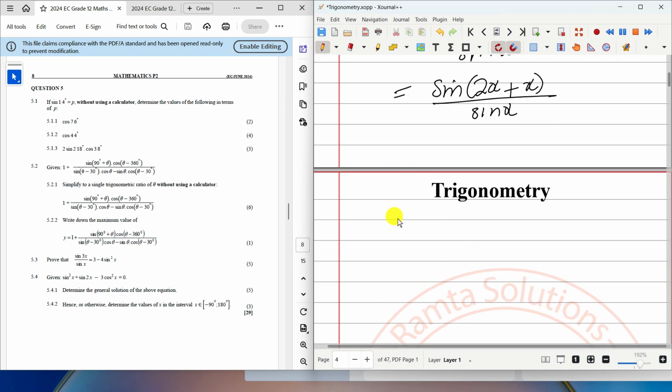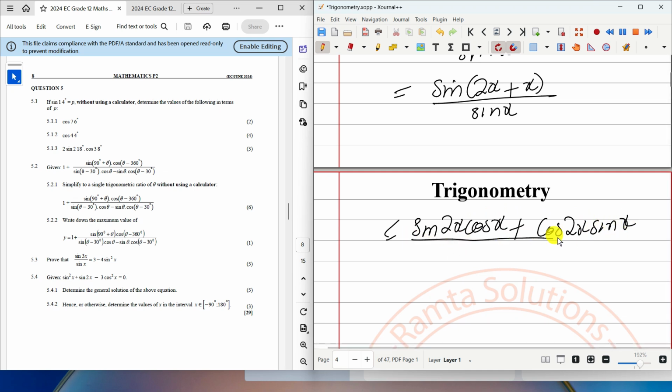This looks like a compound angle of sine. It will be sine cos plus sine cos. So it is sine 2x cos x plus cos 2x sine x, all over sine x, isn't it? Now, sine 2x, we can simplify it. We know it is a double angle, so this is 2 sine x cos x.